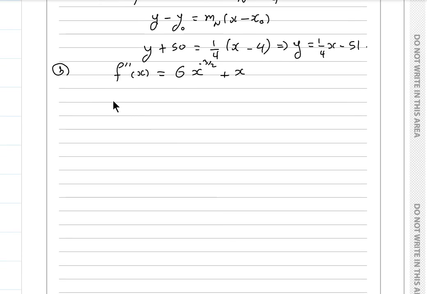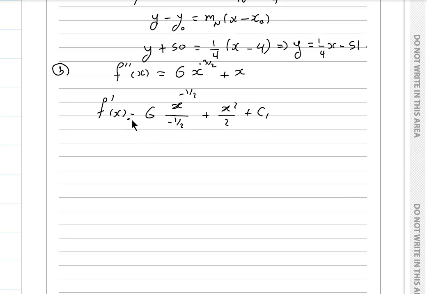We can integrate now. f dash x will be 6 multiplied by x to the power of minus 3 over 2 plus 1, which is negative half, divided by negative half, and then plus x squared over 2 plus c1.